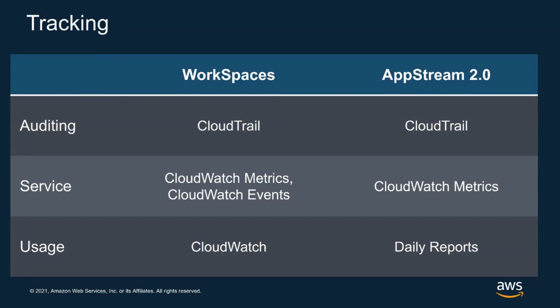On the AppStream side, the CloudWatch metrics are really about auto scaling. And I would say one of the most important things as an AppStream 2.0 administrator, regardless of what your scale is, you're always thinking about, am I scaling resources to users in an efficient way? Am I making them wait too long?